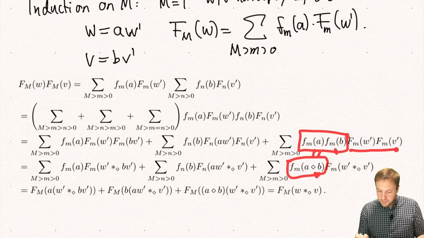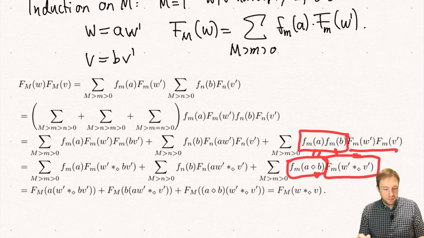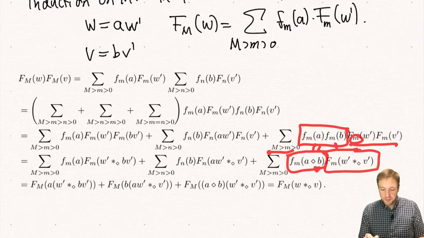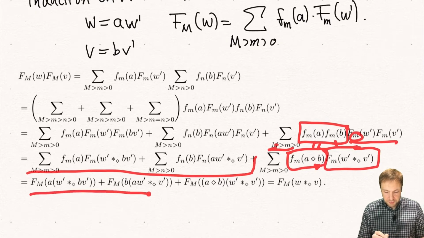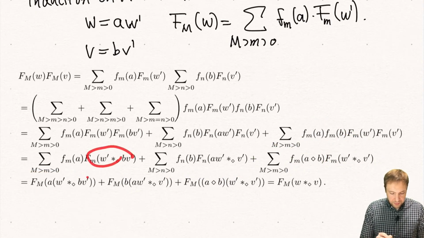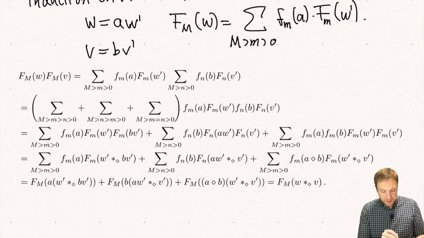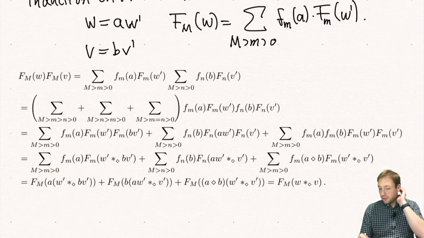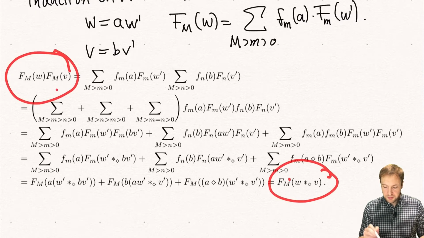And here we can just use the induction hypothesis, because this m here is strictly smaller than m, and we do induction on capital M here. So this is also why we can use the induction hypothesis here to write these parts here as a product. And then in the end you see that we get the recursive formula of the definition of the quasi-shuffle product. And therefore we get that this equals this.